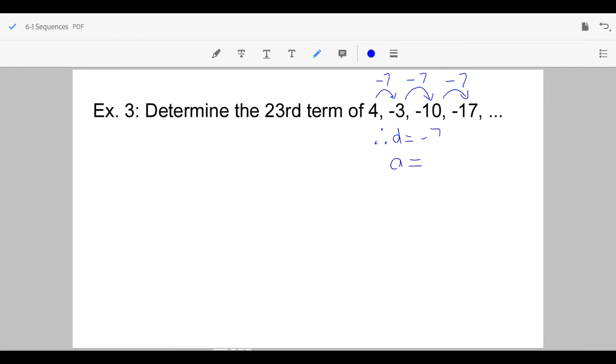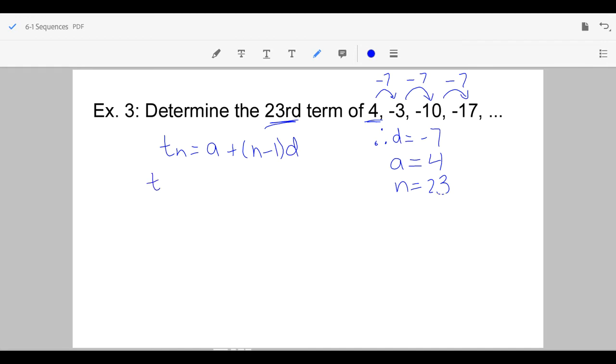Our term 1 value, a, is 4, and n is 23. So I'm going to write the general term equation, and then we're going to sub in what we know.